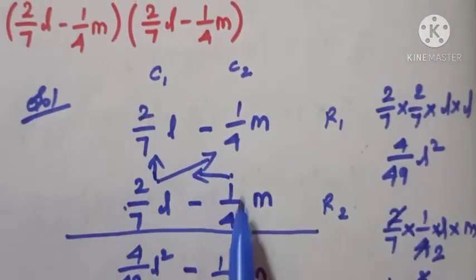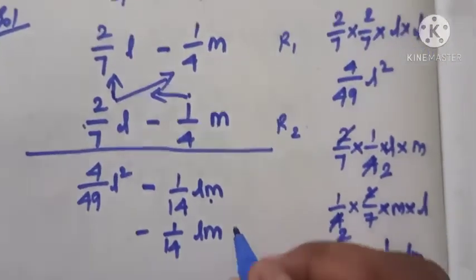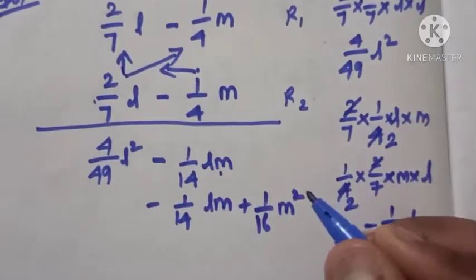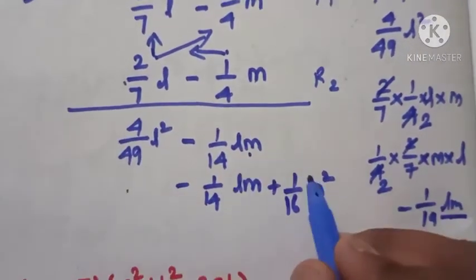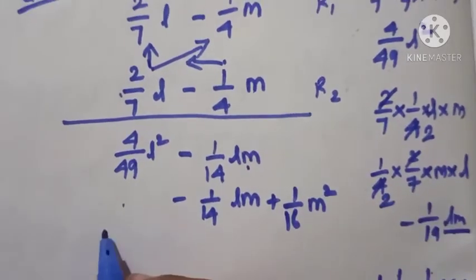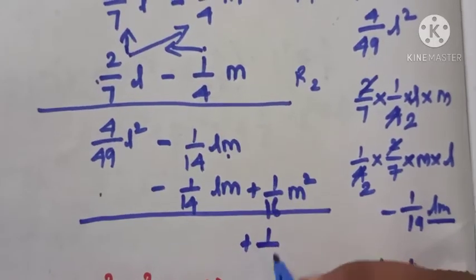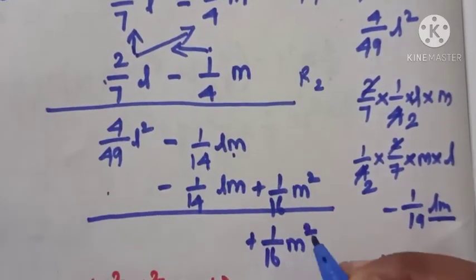Here is there any M square? No. So we can take 1 by 16 M square separately. Now you can see here there is no term above this 1 by 16, just write the value as it is, 1 by 16 M square.